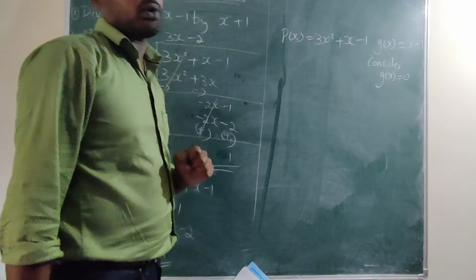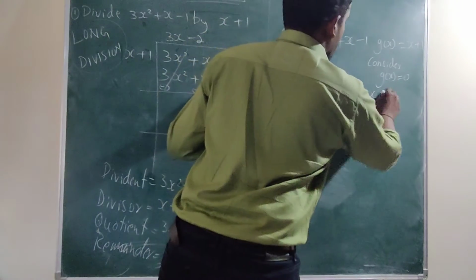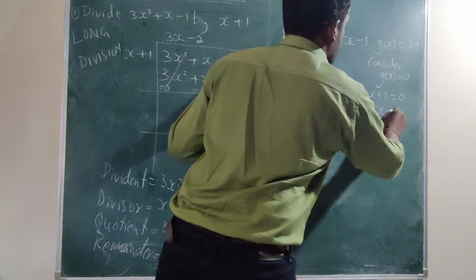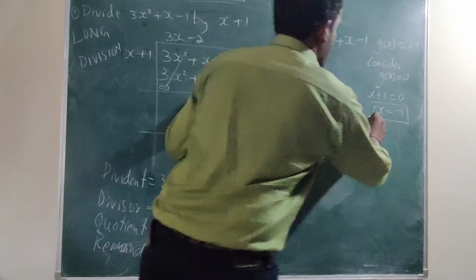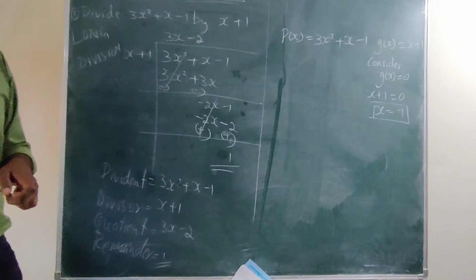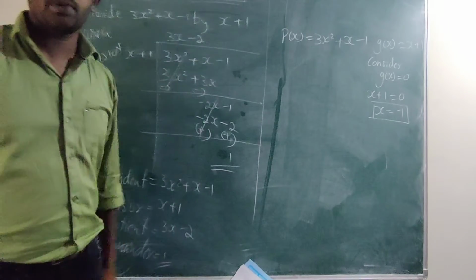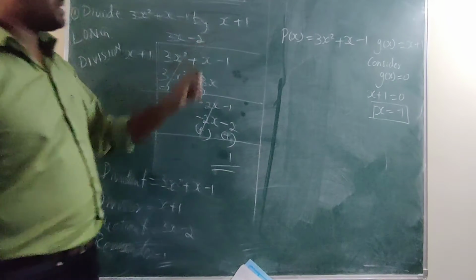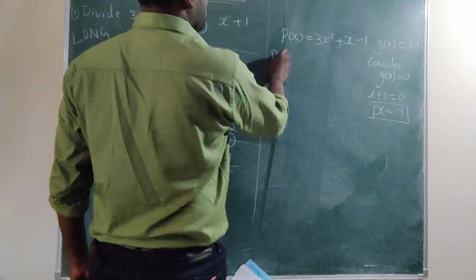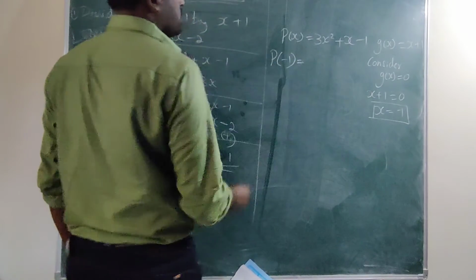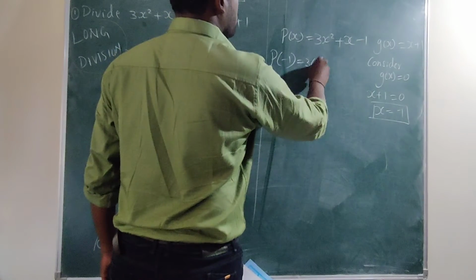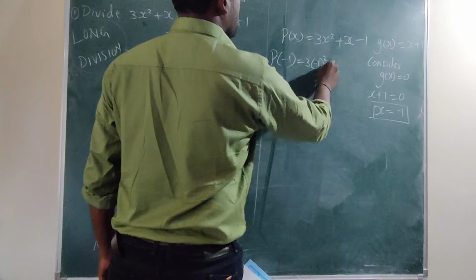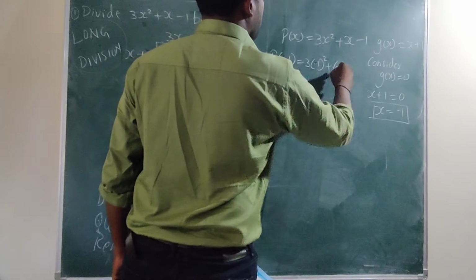g of x is equal to 0. Here x plus 1 is equal to 0. Plus 1 on transposing becomes minus 1. Next, please substitute here, students. P of minus 1 is equal to 3 into minus 1 square plus minus 1.